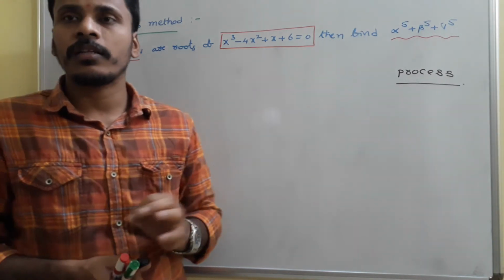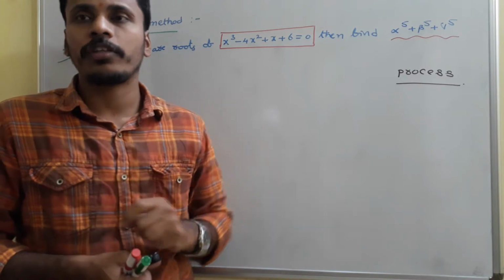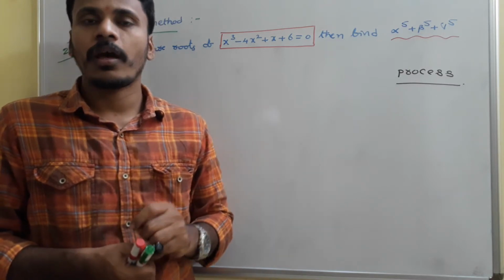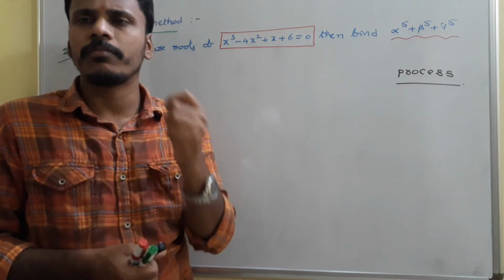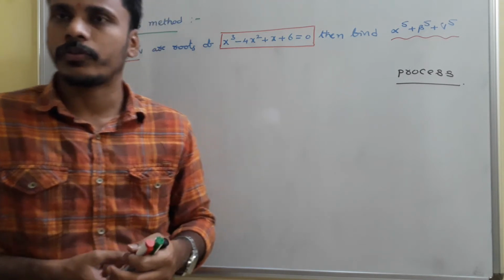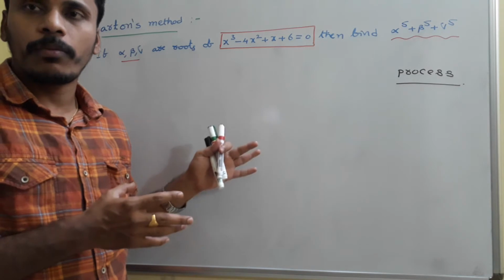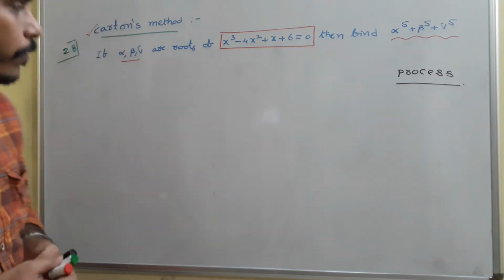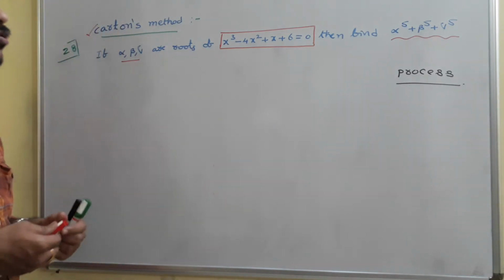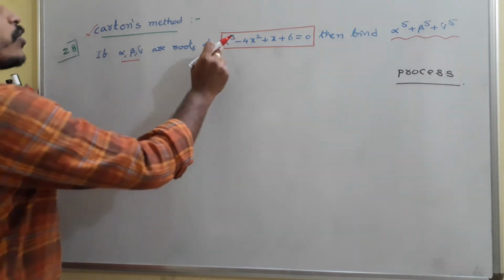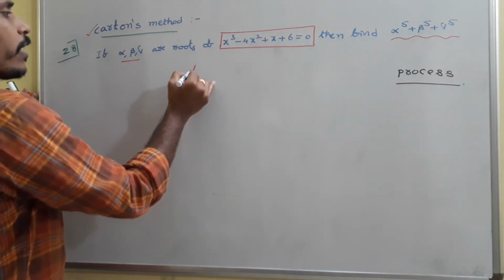This Cartan's method needs a little bit of knowledge related to derivatives also. I think you all know some simple formulas related to derivatives. Using all these things, I am going to solve the problem with the help of Cartan's method. First of all, you need to consider this given equation as f of x.